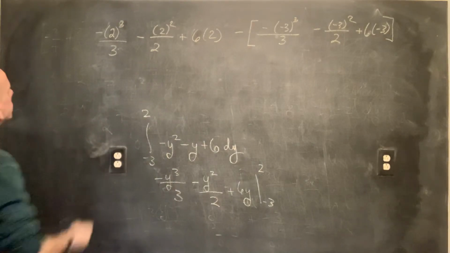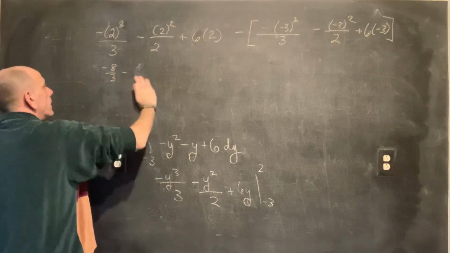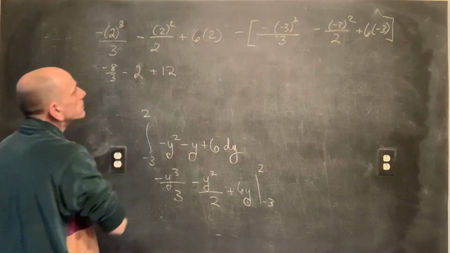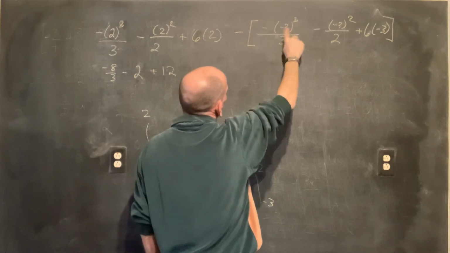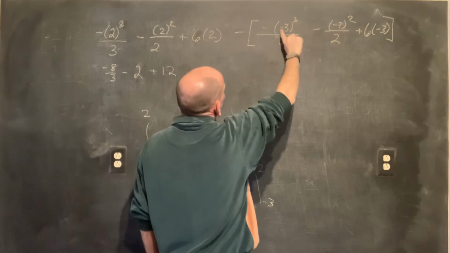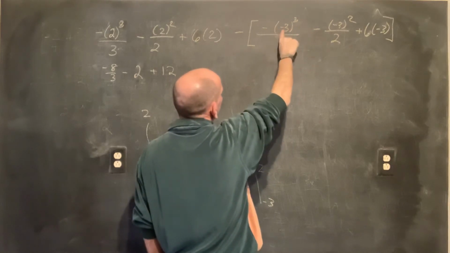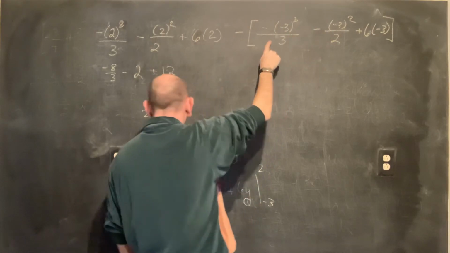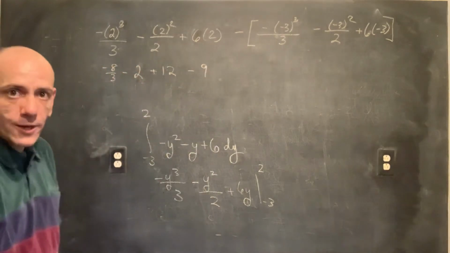All right, negative 8/3 minus 4/2, well, that's just 2, plus 12. Let's see, this is 3 cubed is 27, it's a negative. So 27 over 3 is 9, and then negative makes that positive, and then a negative makes a negative. I think I've done that right. 27 over 3 is 9.